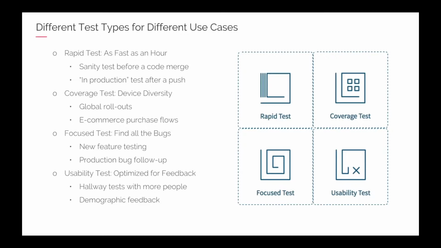Second type of test is this coverage test, and that's where we're maximizing for device diversity. And this is particularly important in a couple areas.